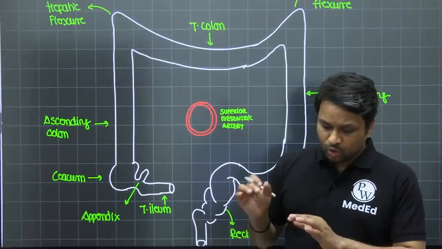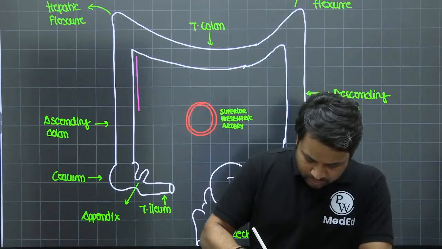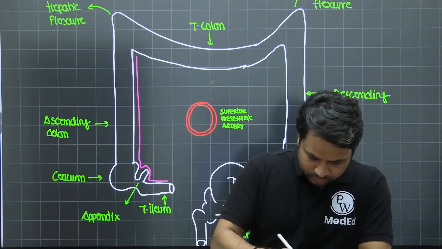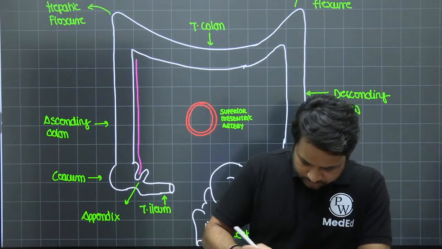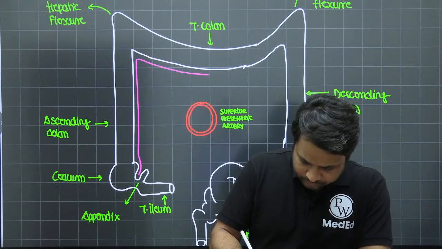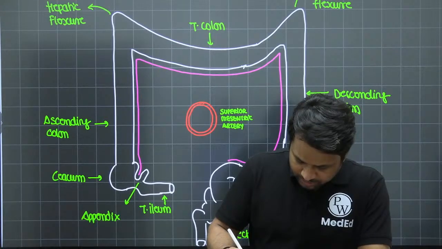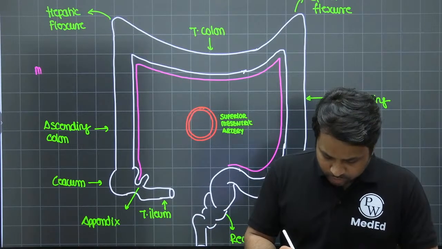You will see there is a blood vessel that runs across the entire mesenteric border, let's say at this particular site. This blood vessel which is running is what we call the marginal artery of Drummond.